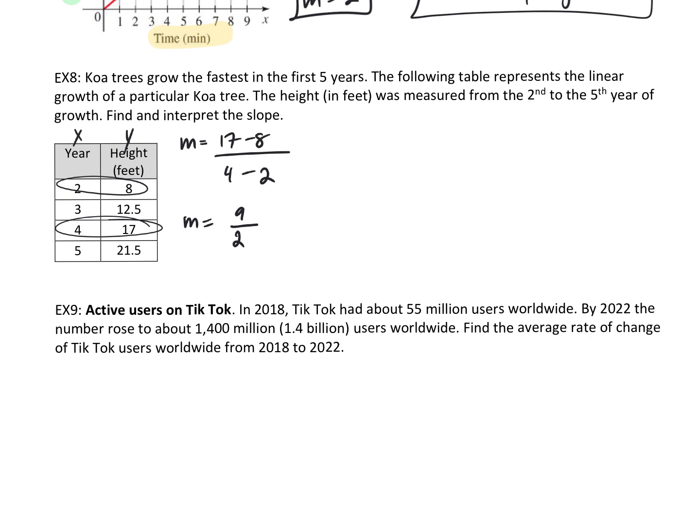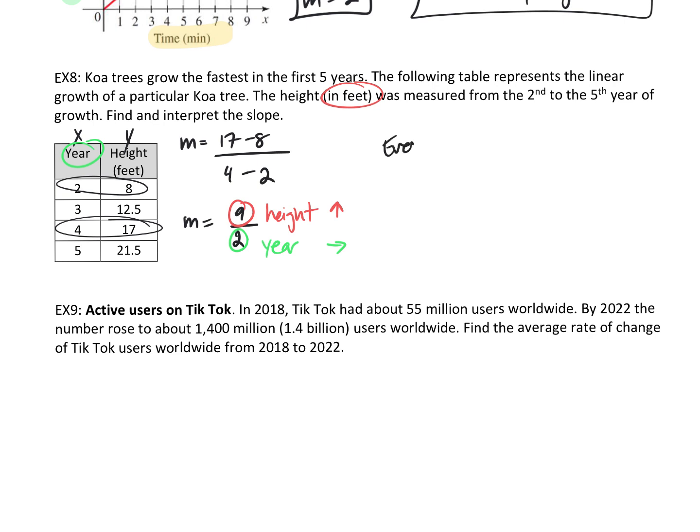Again, these are my height, and this is my year. So what do we know happens? Every 2 years, the height increases by 9 feet. The height goes up by 9 every time the year goes forward by 2.